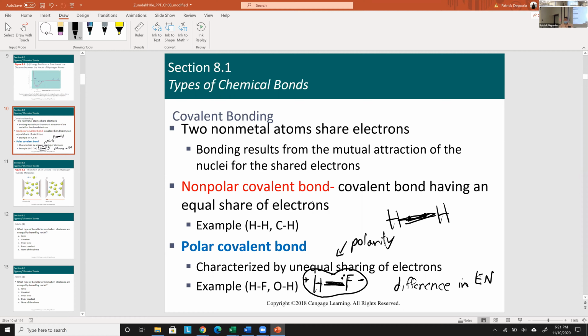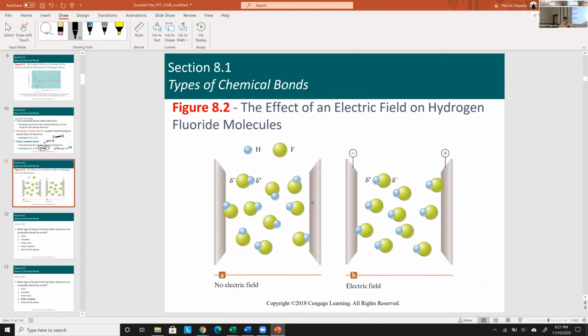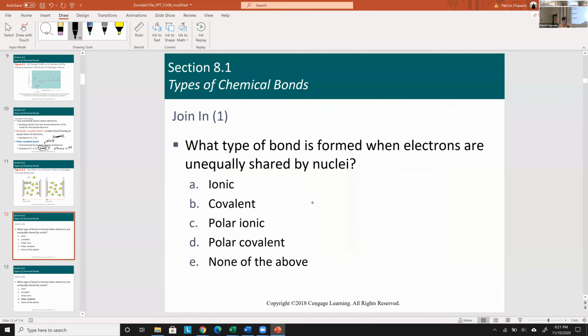If they're really different, such as fluorine and hydrogen or oxygen and hydrogen, then it's going to be polar. So here's what we mean by that. In a molecule of HF, it would have partial charges. Fluorine would be minus, hydrogen would be plus.